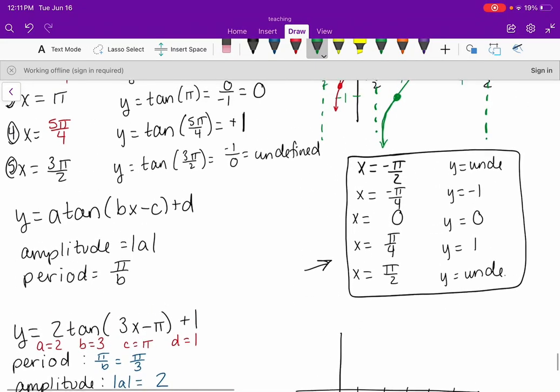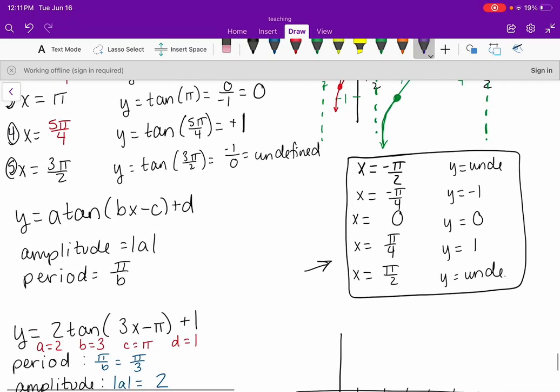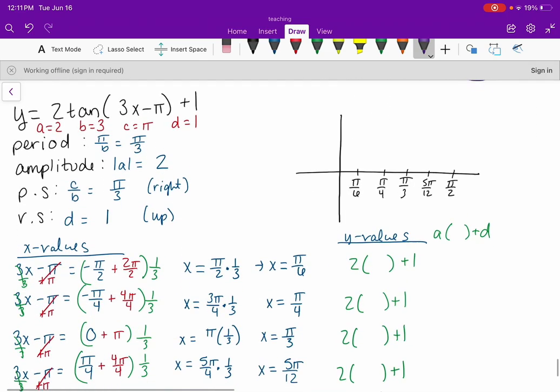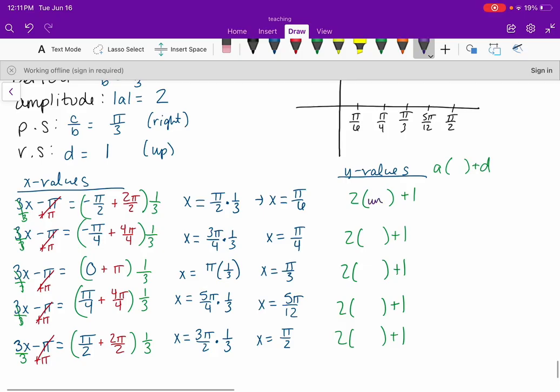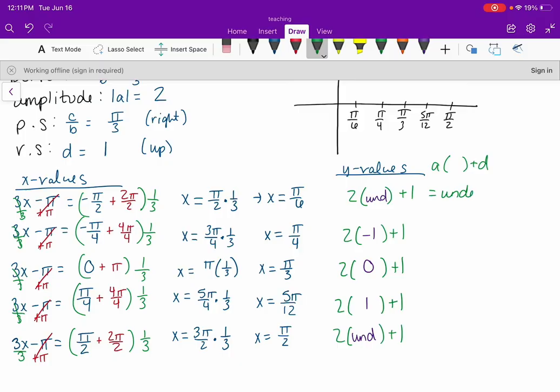So the original values of tangent for the y values, I'm using the ones right here. So I have undefined, so it's still going to be undefined, -1, 0, 1, and then undefined. My first and my last should always be undefined for tangent. Then I have -2 plus 1, so -1, 0, and 3.